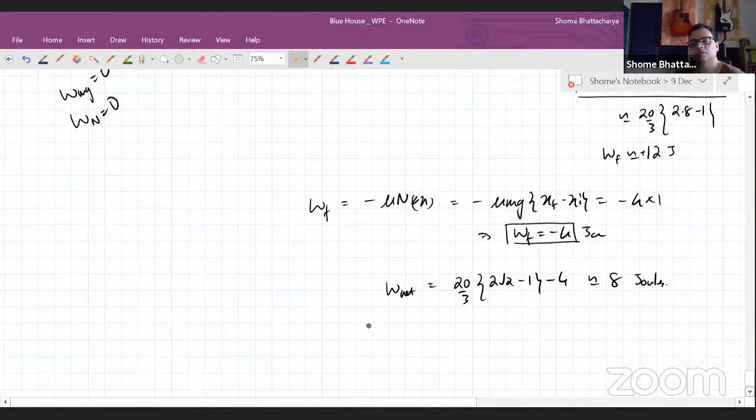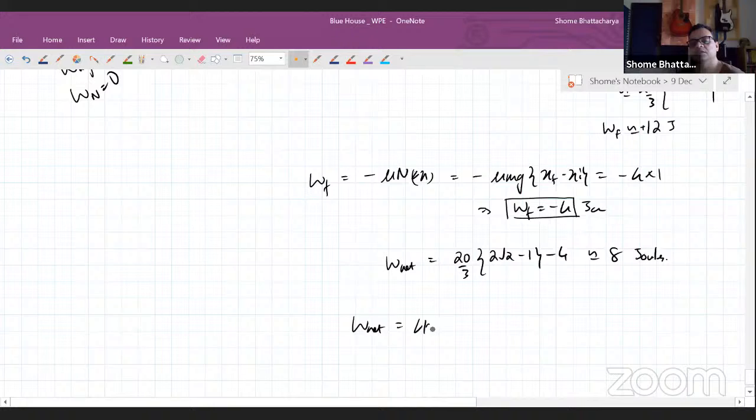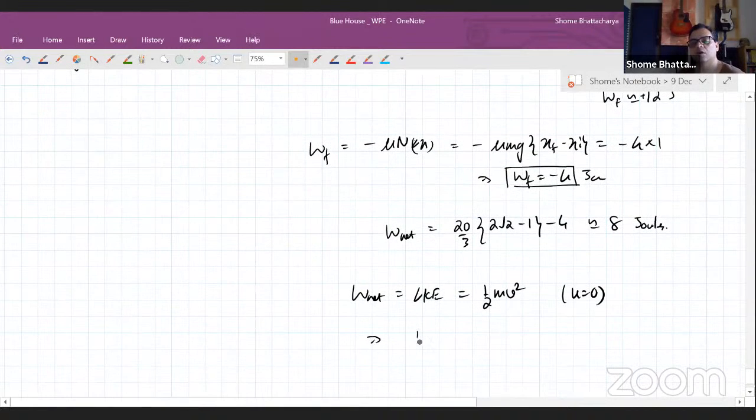So that net work done should be the change in kinetic energy, because the initial kinetic energy was 0. So half into 1 kg into v square should be equal to 20 by 3 into 2 root 2 minus 1, minus 4, or approximately 8.